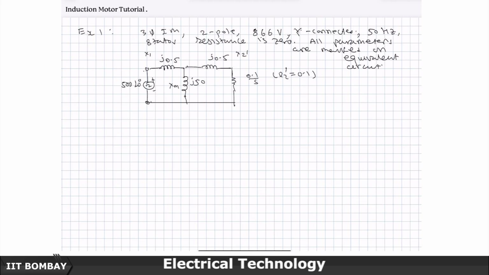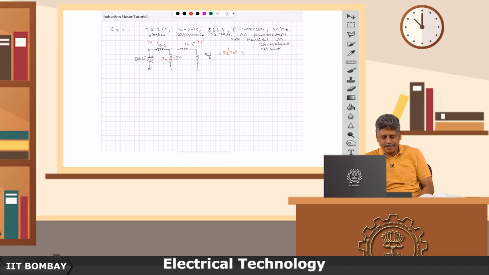Remember, this is my leakage reactance X1, this is my leakage reactance X2 dash, R2 dash is given as 0.1, slip is of course S, and the magnetizing impedance is Xm.